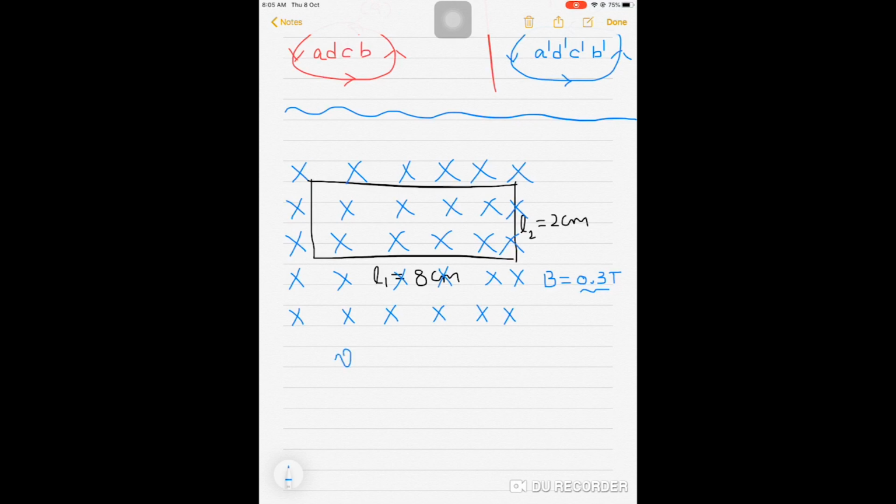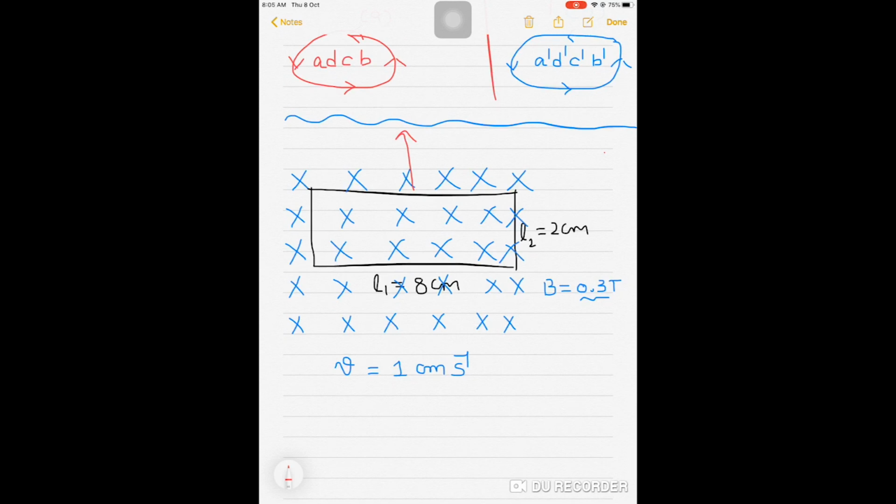The velocity is given as 1 centimeter per second in a direction normal to the longer side and shorter side of the loop. So suppose we consider this loop is moving in this direction, outward. This is your case A. And in the other condition it is moving in this way, that is your case B, with a velocity of 1 centimeter per second.